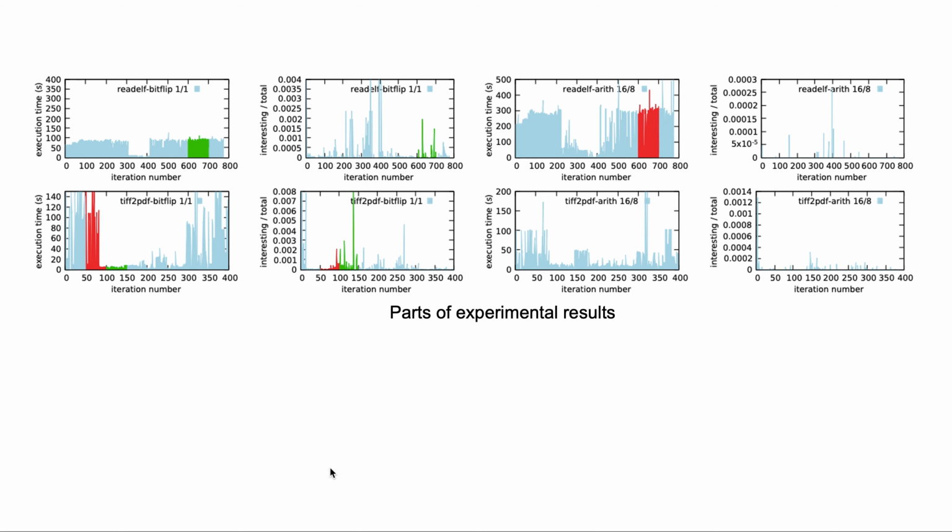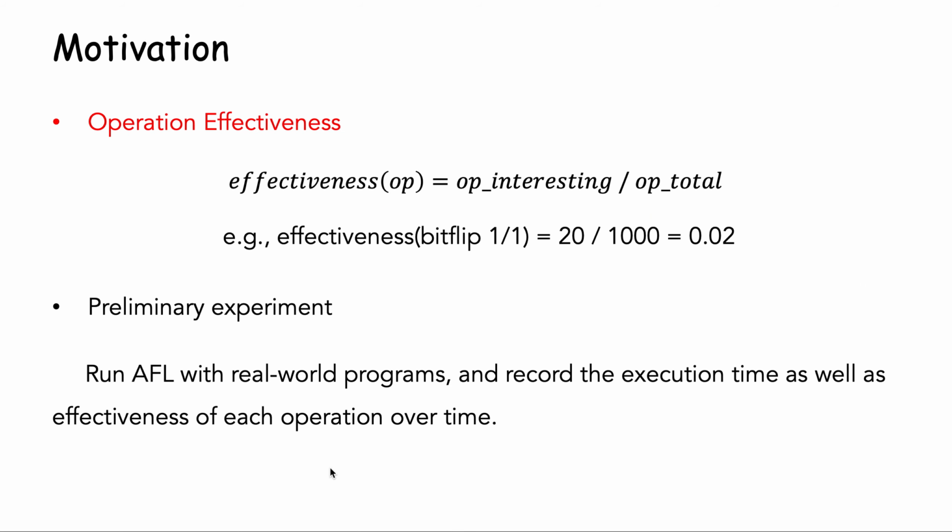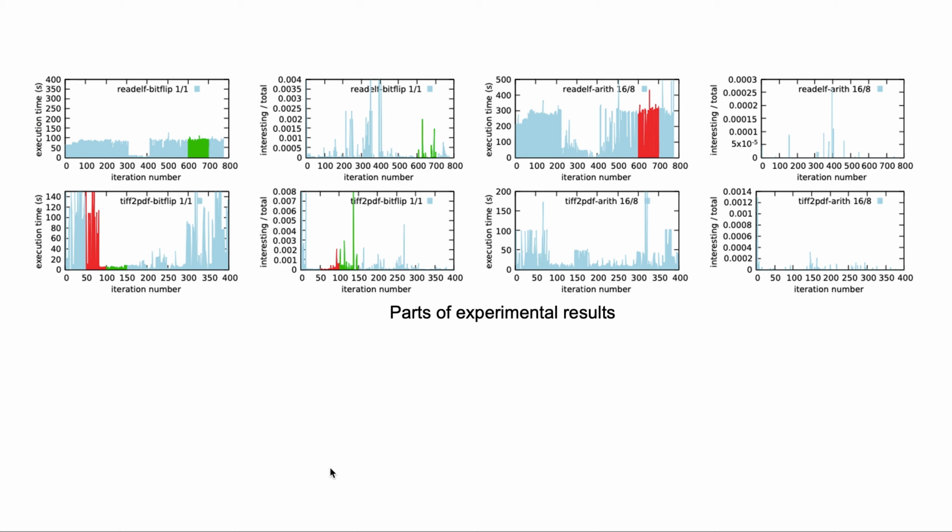In our experiment, we run AFL with real-world programs and record the execution time, as well as the effectiveness of each operation over time. This figure shows some of the results, and we have the following observations.